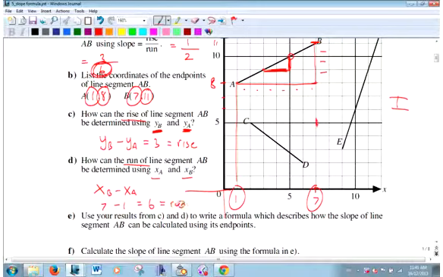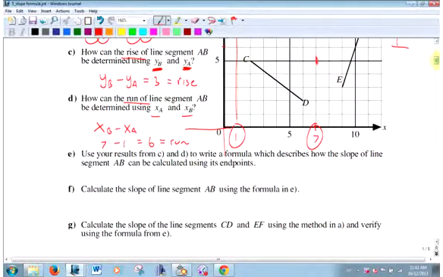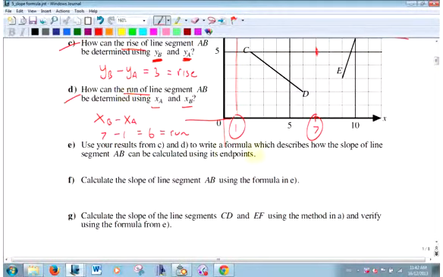And that's the run. So use your results from what we just did to write a formula which describes how the slope of the line can be calculated using its endpoints.